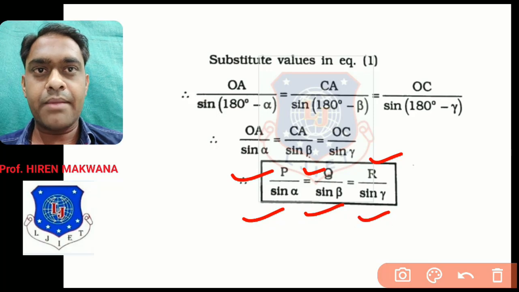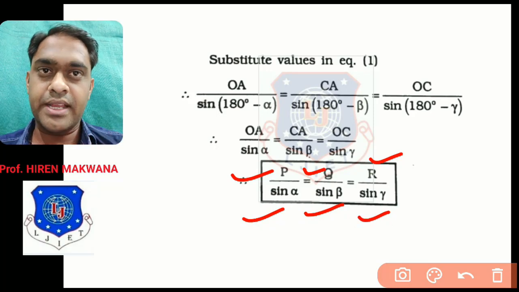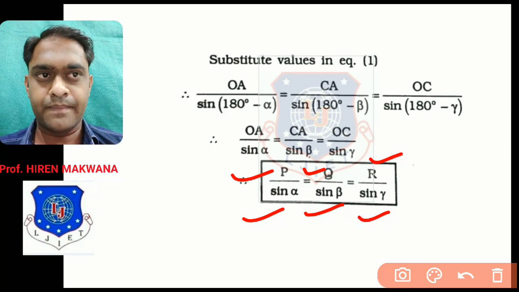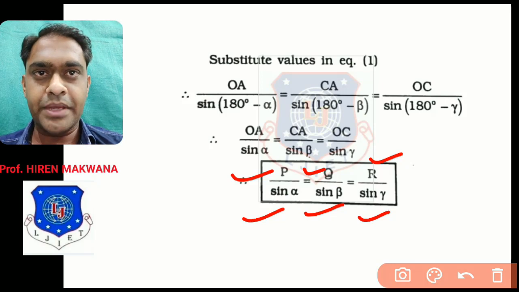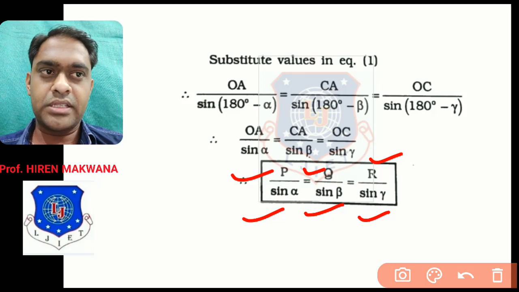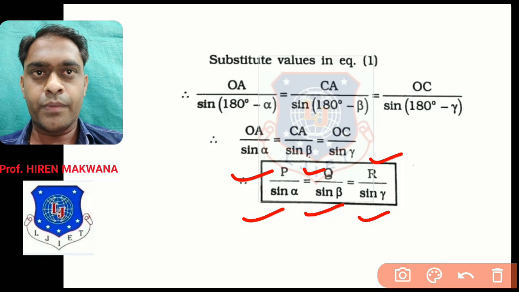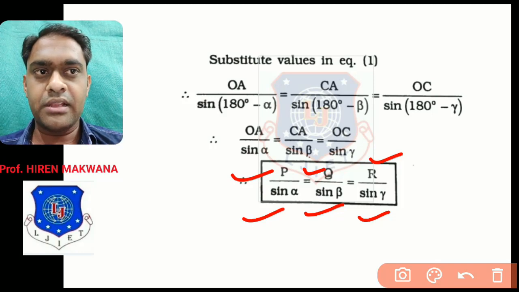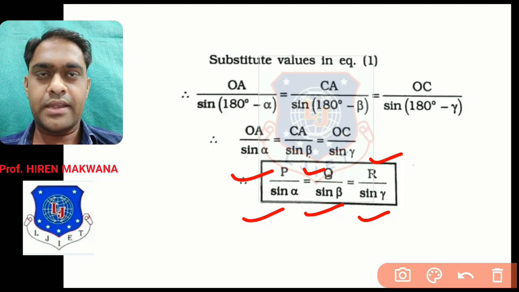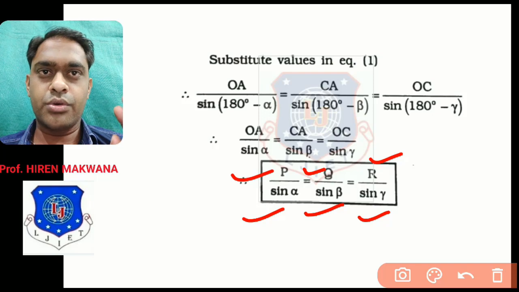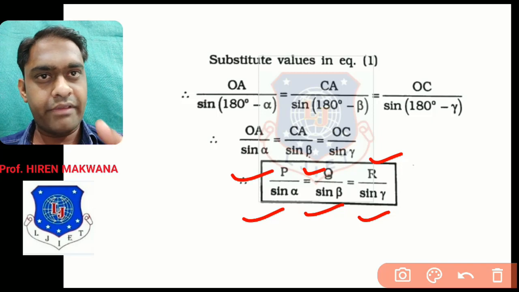Alpha, beta and gamma are the opposite angles of the particular forces. So if two forces P and Q and the three angles are available to you, you can find the third force R. For that, numericals we will show you in the next lecture, but the sums are very difficult.